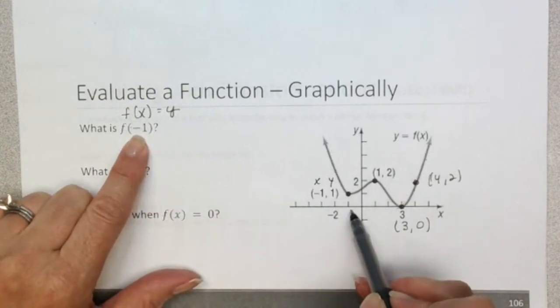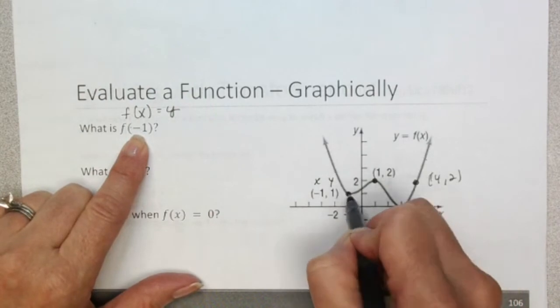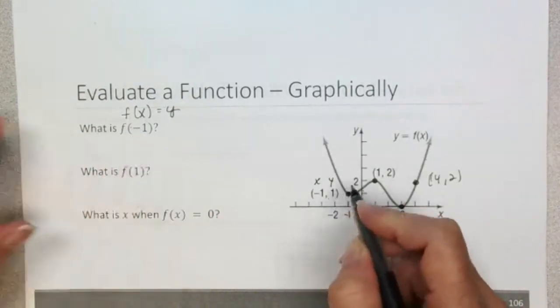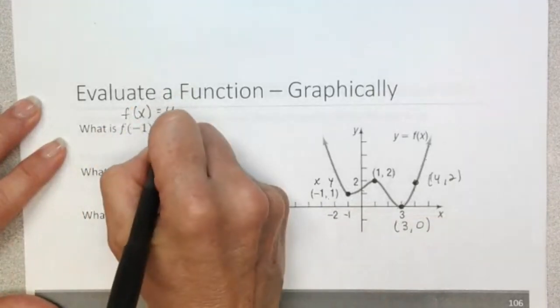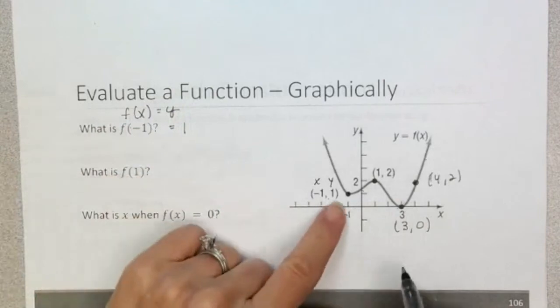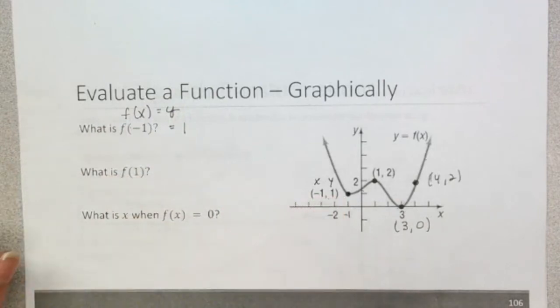So when x is negative 1, there's negative 1 right there. That's corresponding to this point on the graph. When x is negative 1, y is 1. So f of negative 1 equals 1. The ordered pair is negative 1, 1.